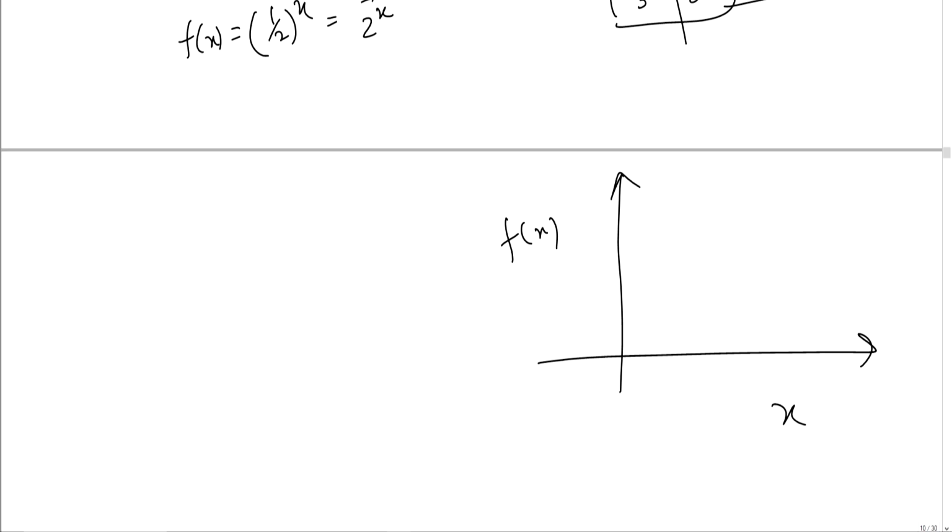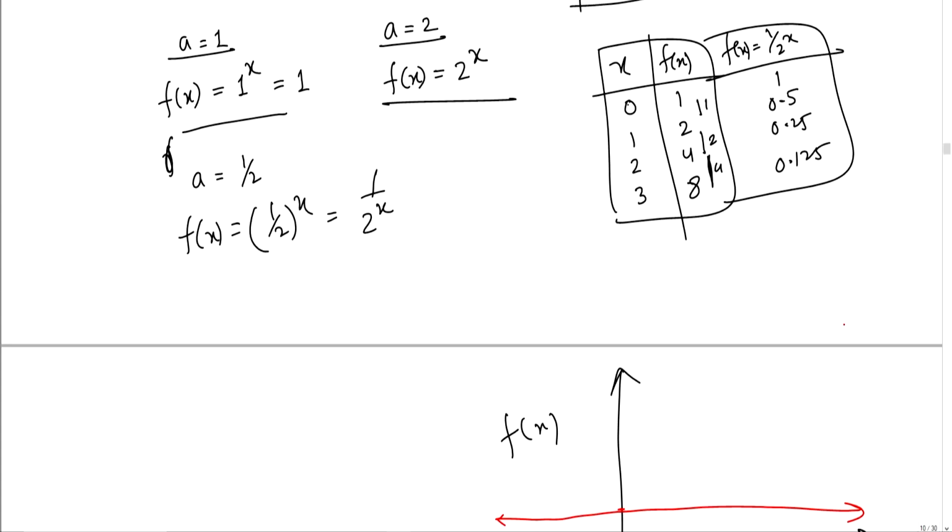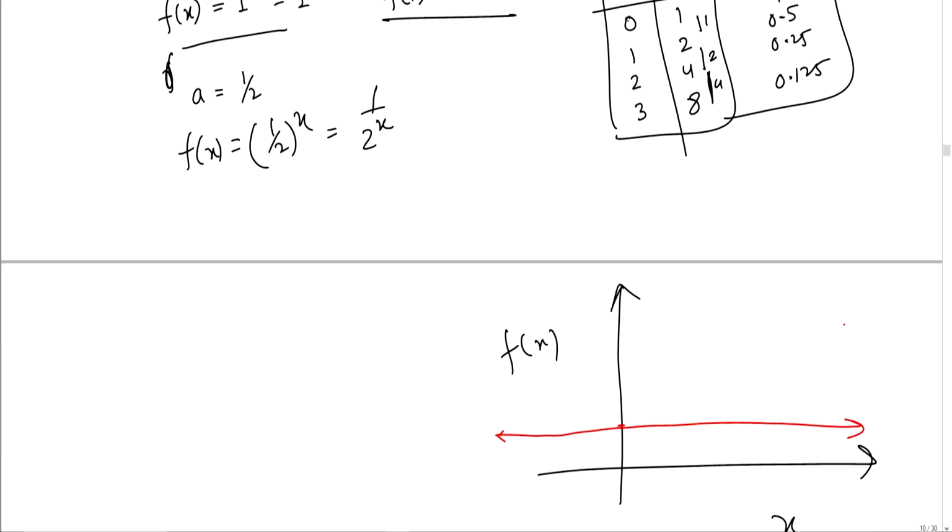So, let us indicate this graph using red ink. So, when the base is 1, a is 1, okay, the graph would look something like this, parallel to the x axis like this. So, as the value of x changes, the graph would have only one value, 1.